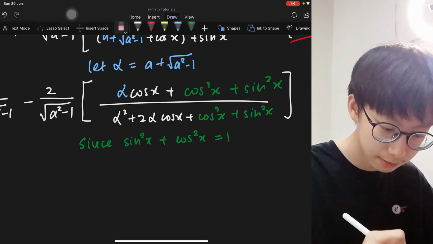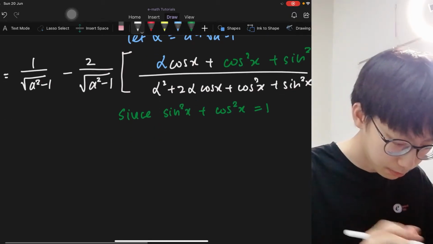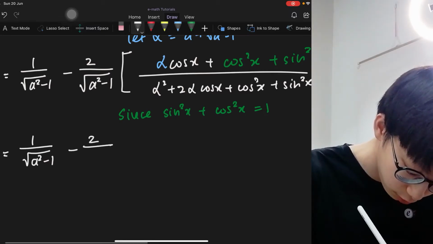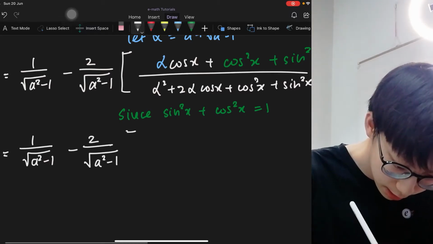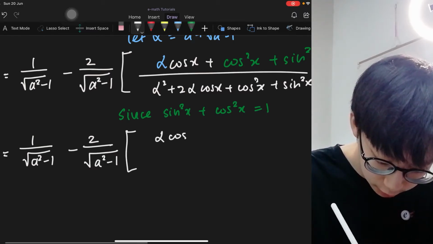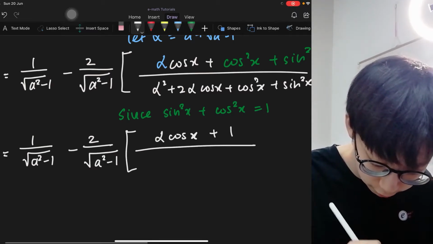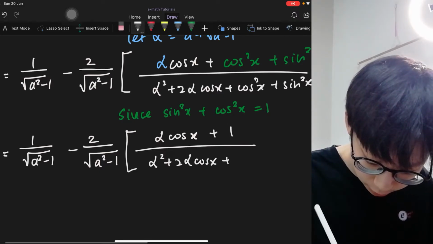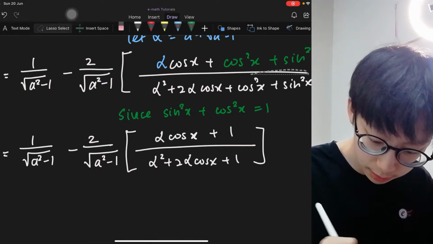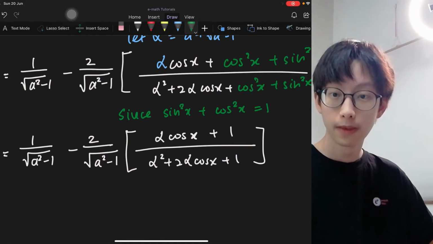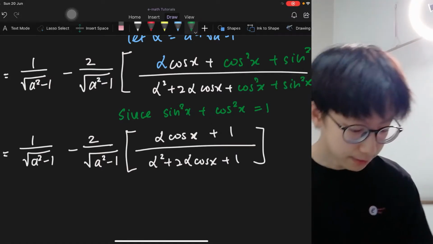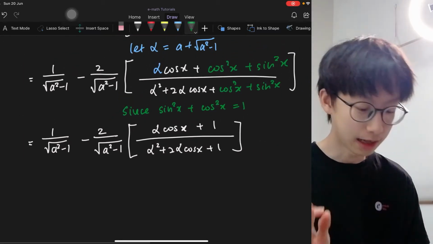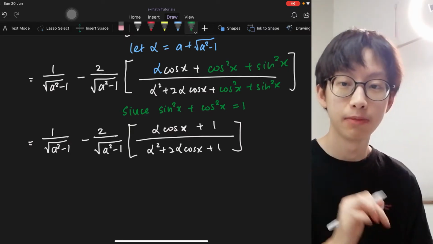So let me just copy this one very quickly. A squared minus 1 minus 2 over square root of a squared minus 1 times alpha cos x plus 1, over alpha squared plus 2 alpha cos x plus 1. I will keep the alpha and I will unsub it later.